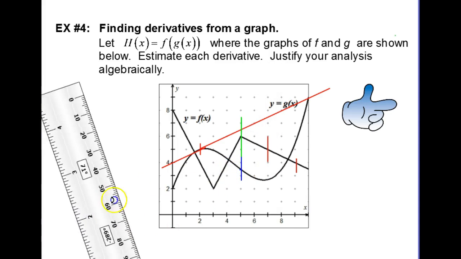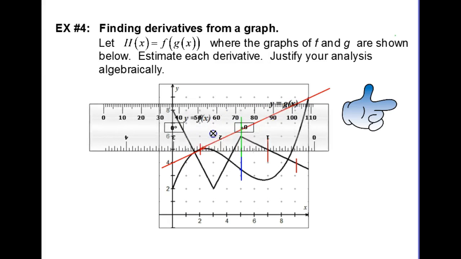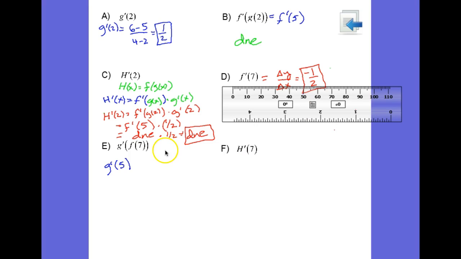And the y value that corresponds to that point of inflection seems to be about 3.5. So one point that we will be using is (5, 3.5). And that's my point of inflection.